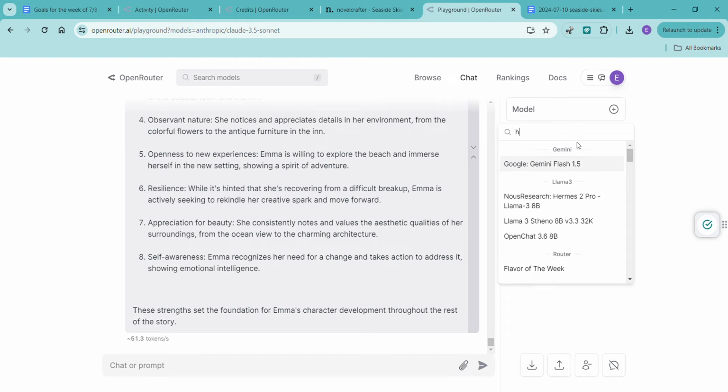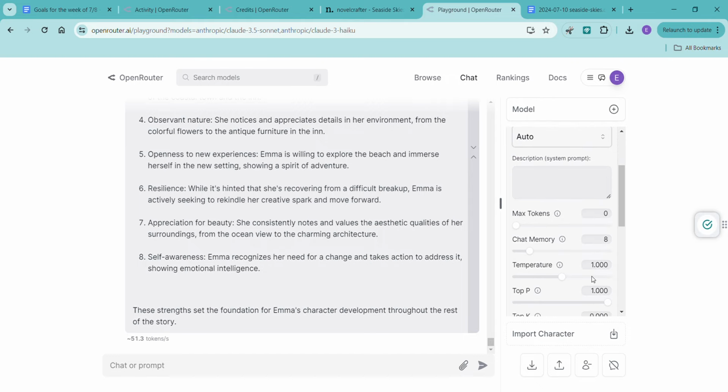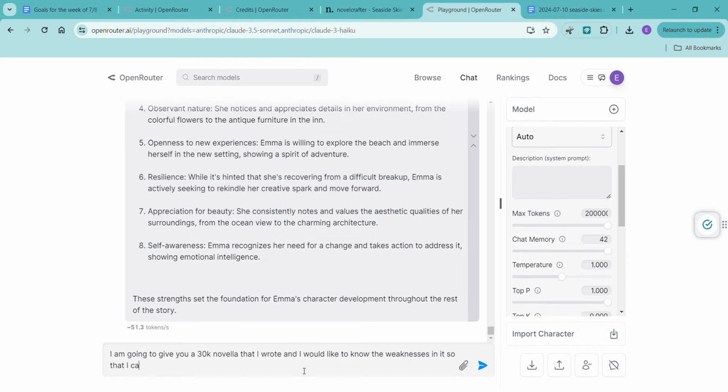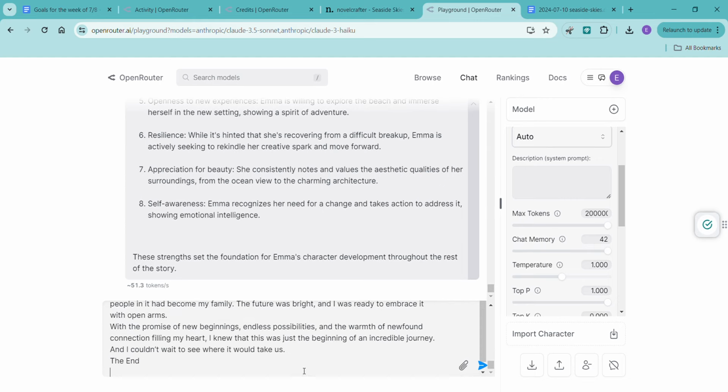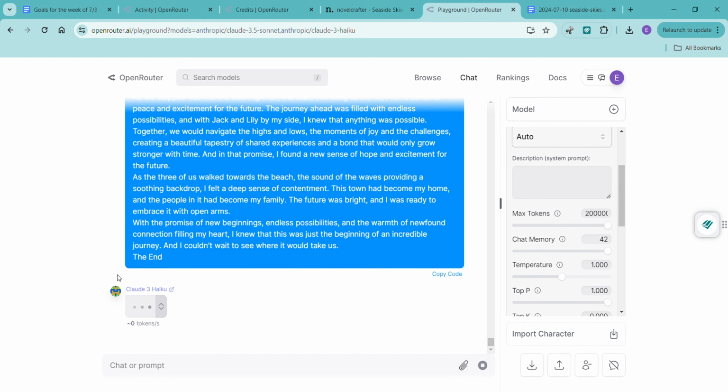I'm going to go ahead and add Haiku very quickly. There we go. So this is accessing just Haiku. No, you are not welcome here, Sonnet.